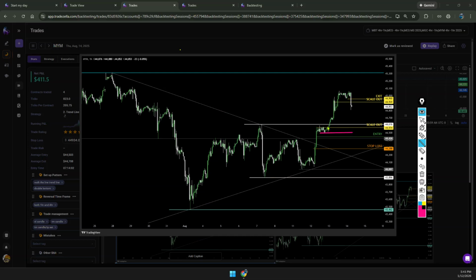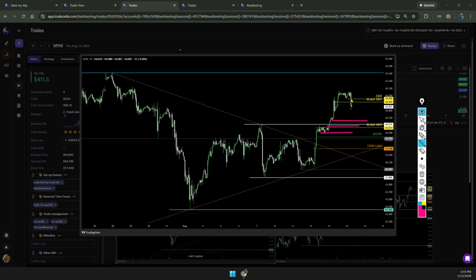And then I'd move my stop here, just below this support line. Then I'd get this move here and move my stop here. Now I'm waiting for something to break this point here. And you can see, I had 3 contracts, so I scaled out twice.